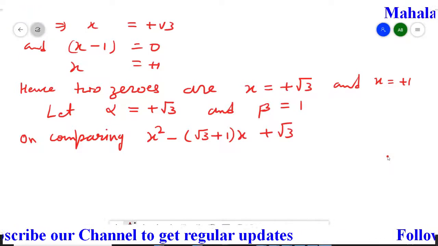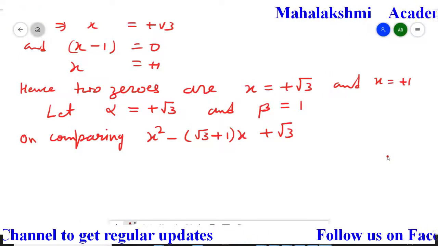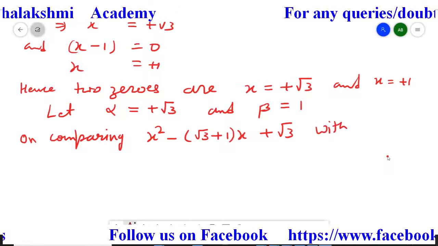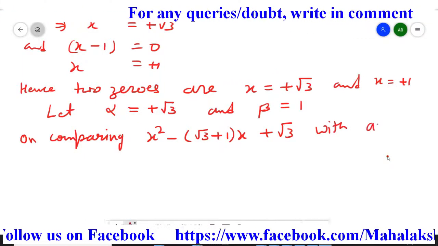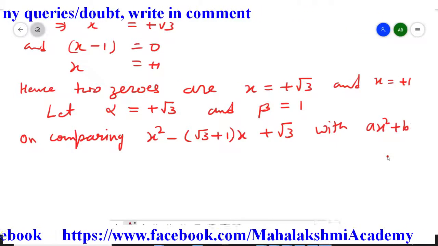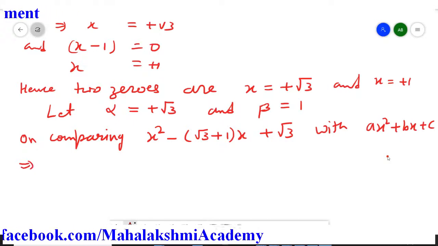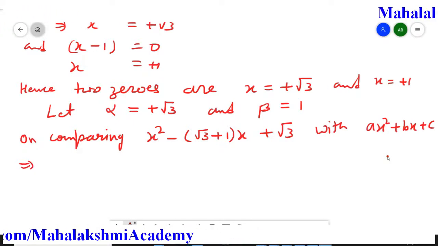So this is our given quadratic polynomial. We are going to compare this given quadratic polynomial with the standard form of quadratic polynomial, that is ax squared plus bx plus c. When we compare, the coefficient of x square is a.